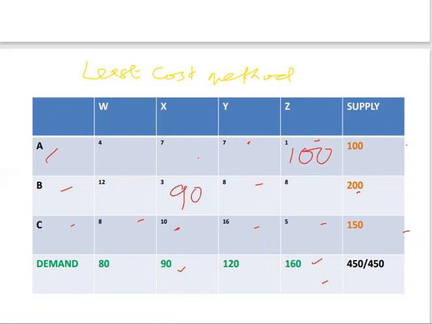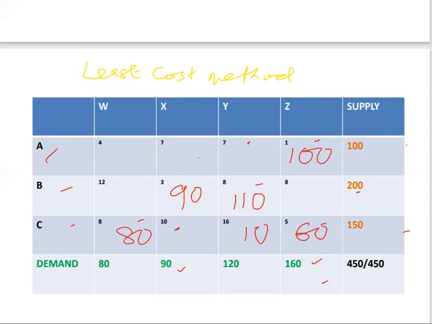BY, 110. CW, 80. CY, 10. And CZ, 60. All right, we have 6. Now, AW, we didn't make allocation to AW.